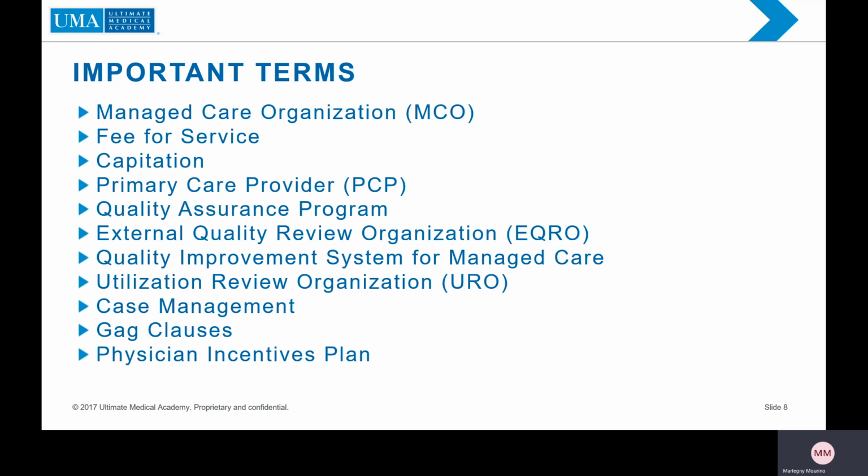The quality improvement system for managed care was established by Medicare. This is to ensure the accountability of managed care plans in terms of objective and also measurable standards. Utilization management or utilization review is a method of controlling healthcare cost and quality of care that is implemented with managed care plans.